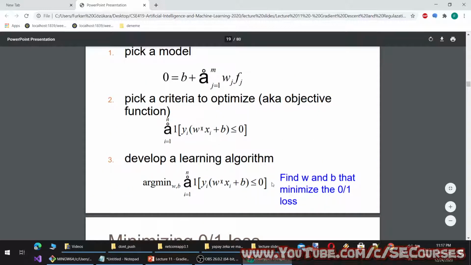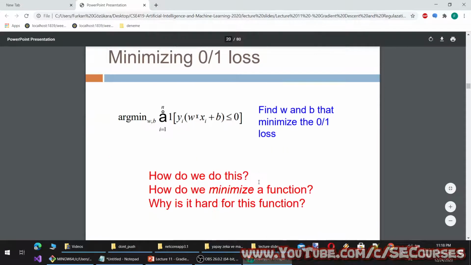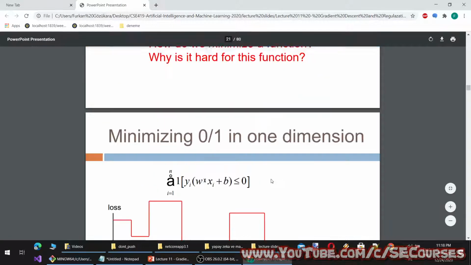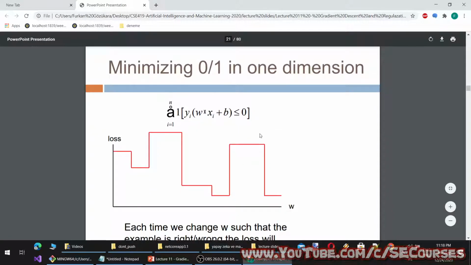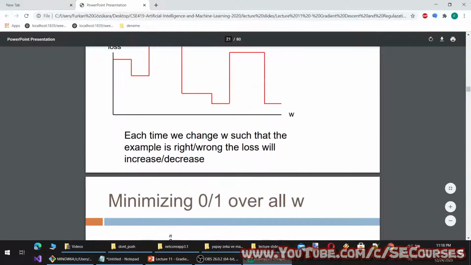Okay, find b and w such that they minimize the loss function. How do we do that? How do we minimize the loss function? So let's assume this is our loss and this is our result based on each w.